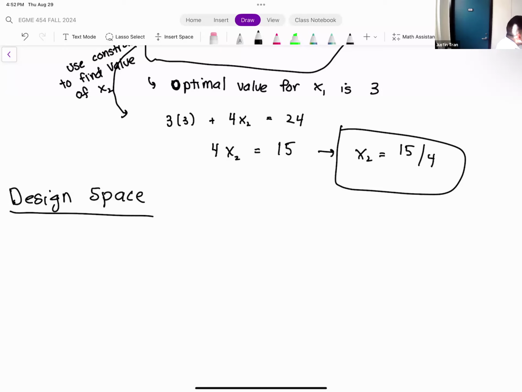A design space is essentially a visualization of the possible values of the design parameters.